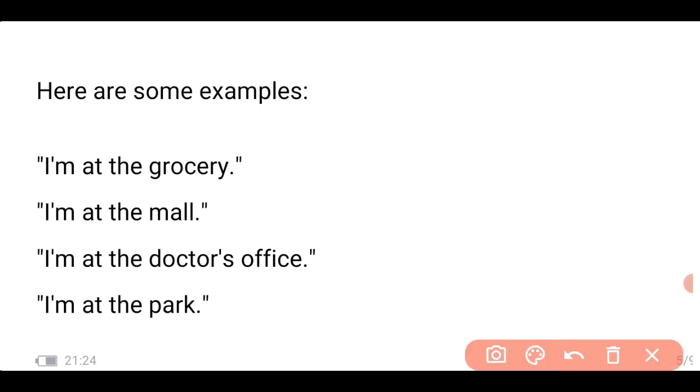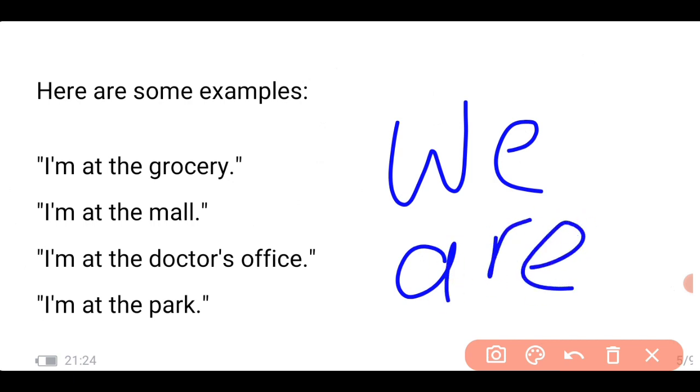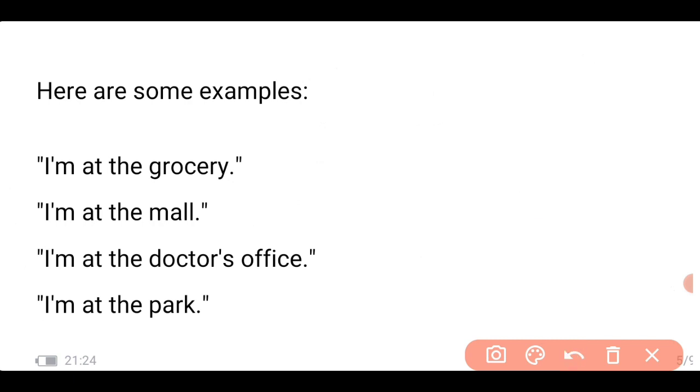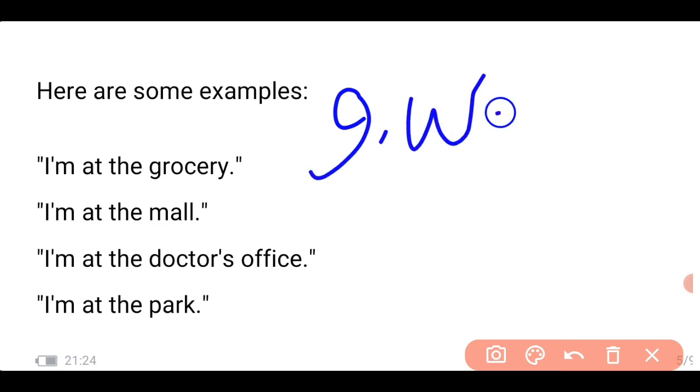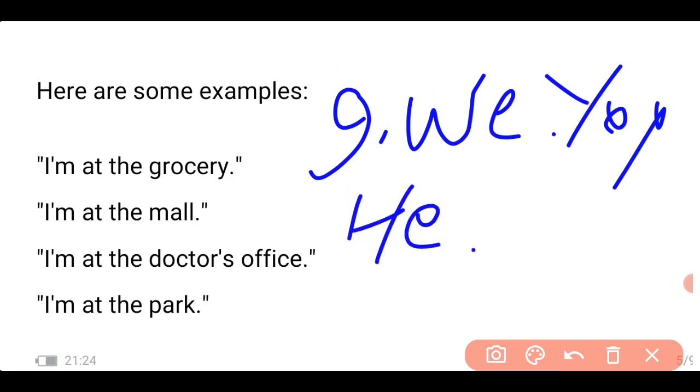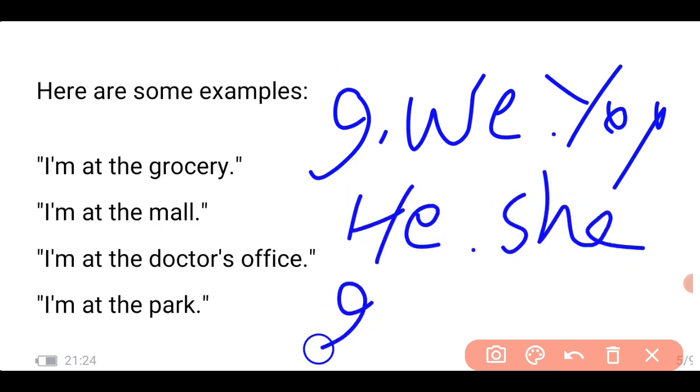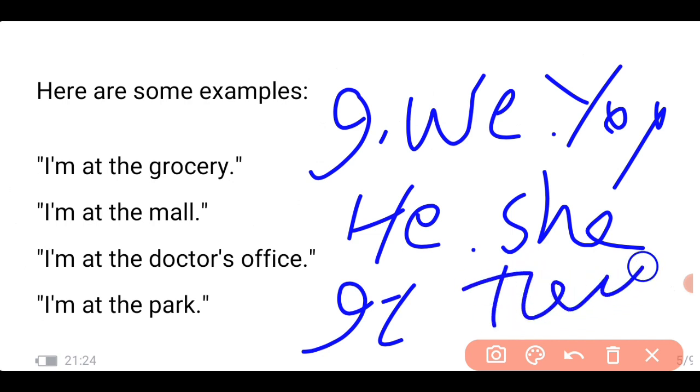I'm at the grocery. Here you should apply "we." We will use "we are," right? We are at the grocery. We are at the mall. We are at the doctor's office, right? We are at the park. You can use these pronouns in the place of I, right? This is the concept. I, we, you, he, she, it and they, right?